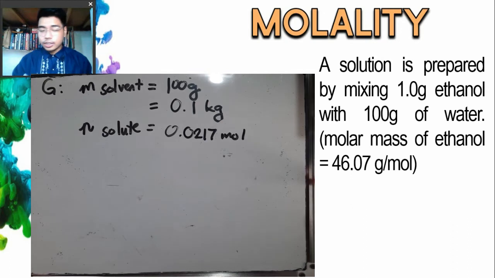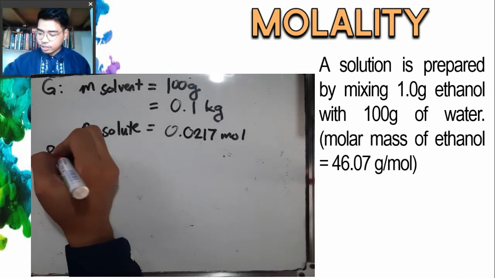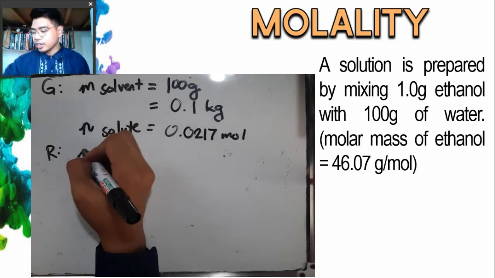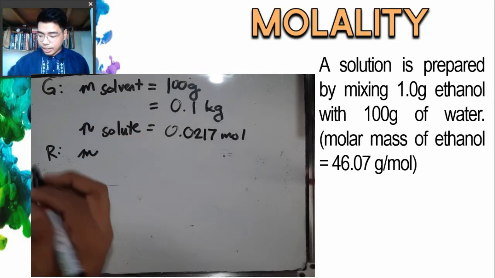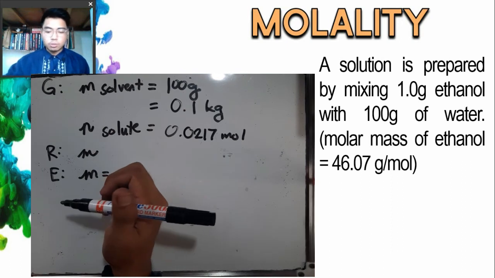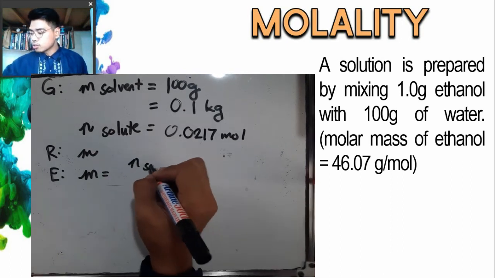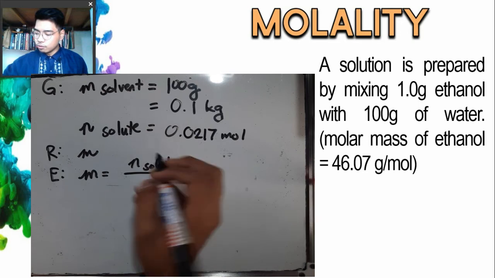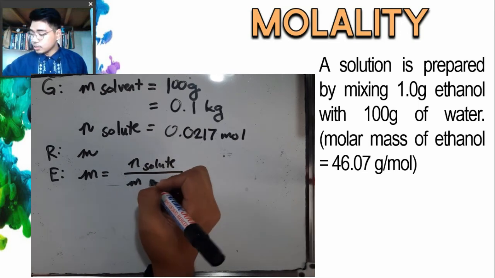Let's proceed with the required and the equation. For the required, we are looking for the molality, or small letter m. For our equation, molality is equivalent to the moles of solute over the mass of the solvent.